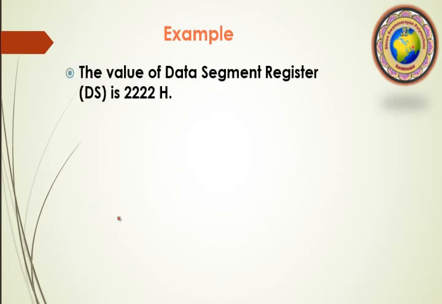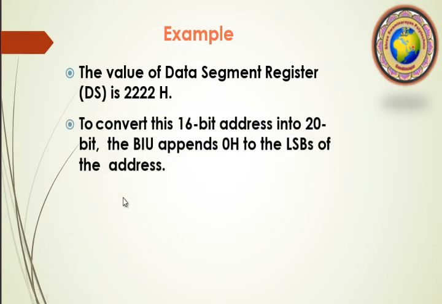Okay, suppose the value of the data segment register DS is 2222H. This is a hexadecimal number, and this is the particular data segment register. To convert this 16-bit address into 20 bits, the BIU appends 0H to the LSB of the address.